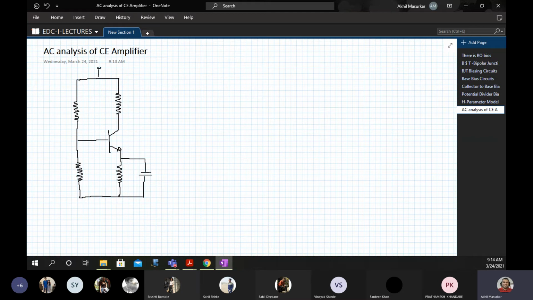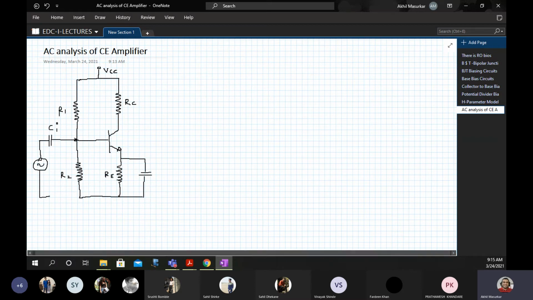Here we have our VCC, this is RC, RE, R1, R2, and this is your input DC blocking capacitor, and some input will be given here. I will call this Vin, and we will take the output here, that is C0.